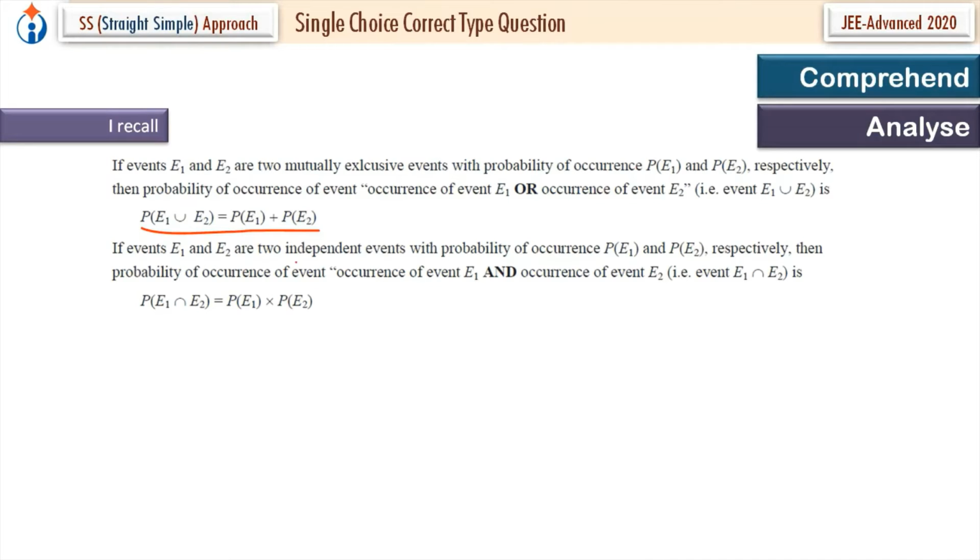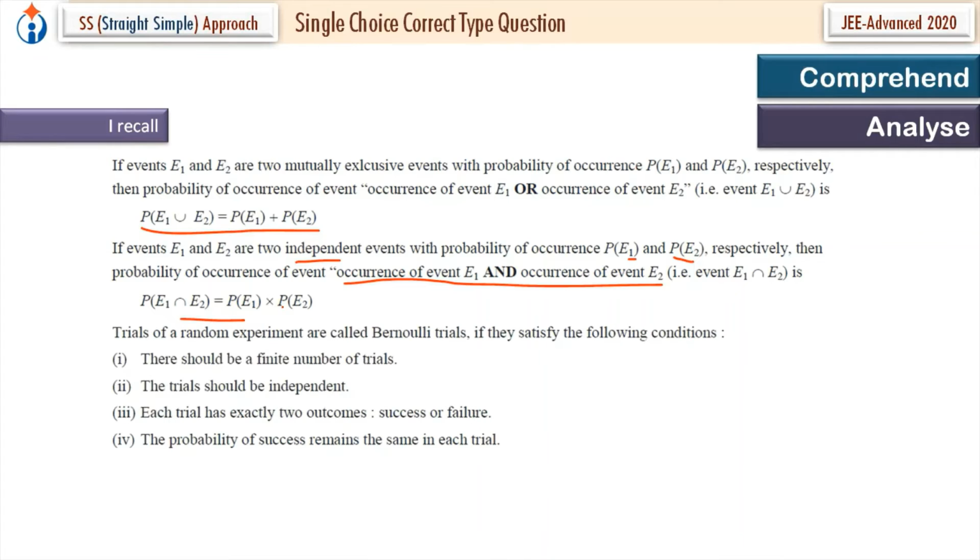Now, if events E1 and E2 are two independent events, then the probability of occurrence of E1 and occurrence of E2, that is E1 intersection E2, is P(E1) into P(E2). NCERT result.